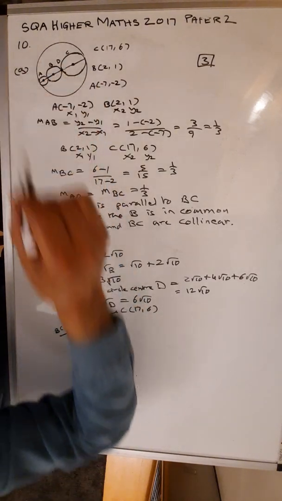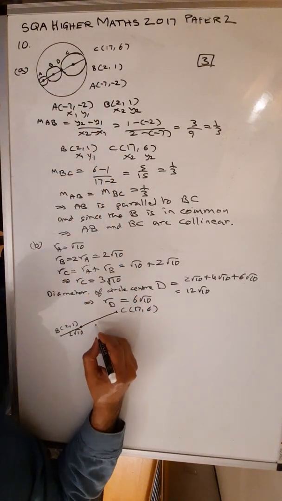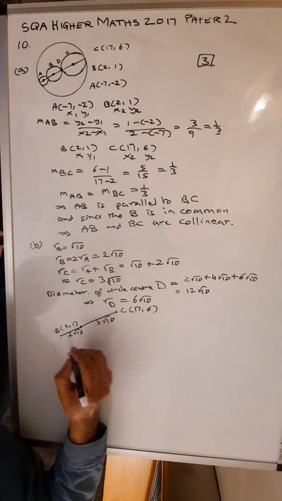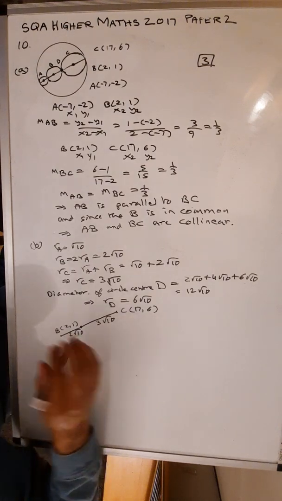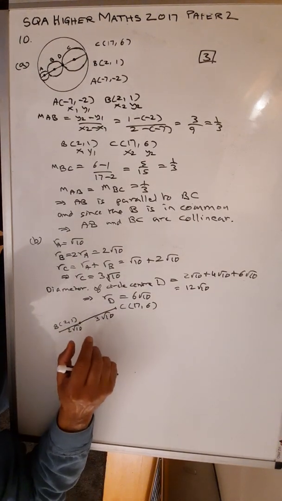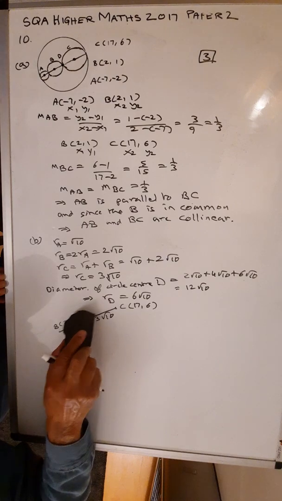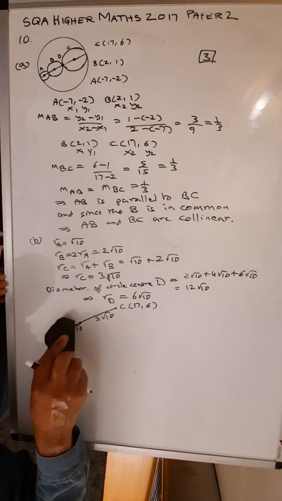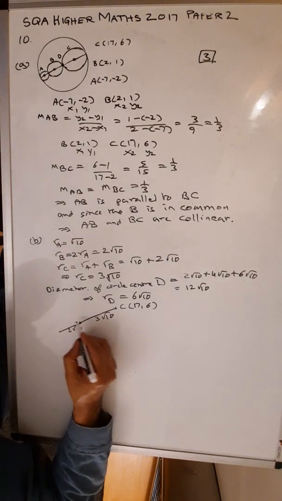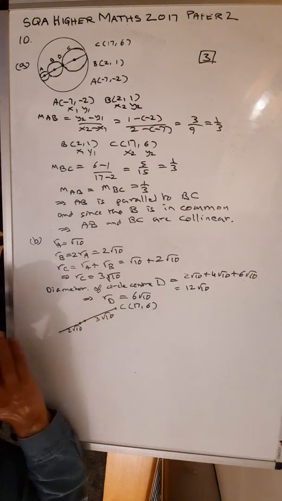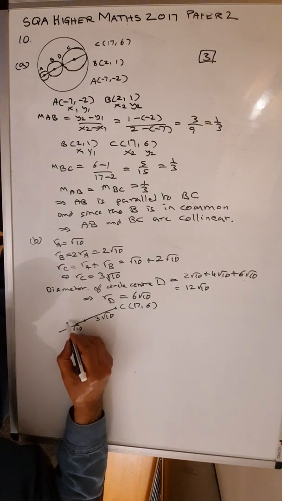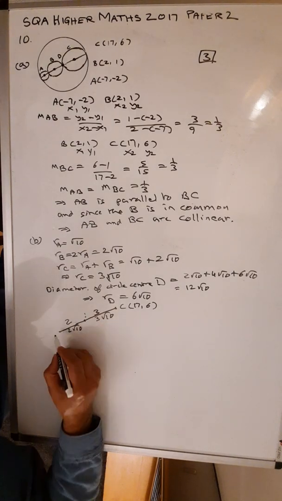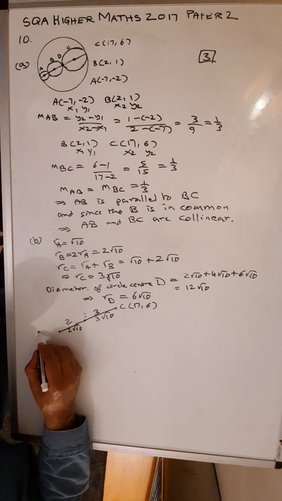And the radius of C is 3 root 10. So as a ratio, this is just 2 to 3. You can dispense with the root 10. So ratio wise, that would just be 2 to 3, and B is here, and this is the point (2, 1).